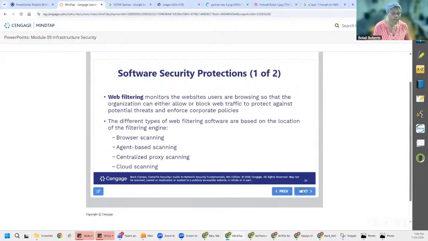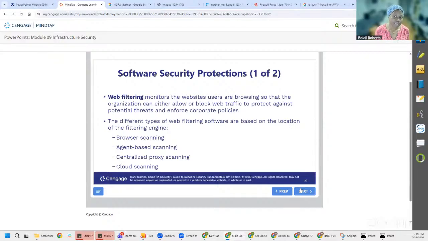Okay. All right. So when it comes to software security protection, remember we talked about web application and URL filtering. So it's good to filter the website. And one of those security appliances for that is the URL filtering and web filtering.